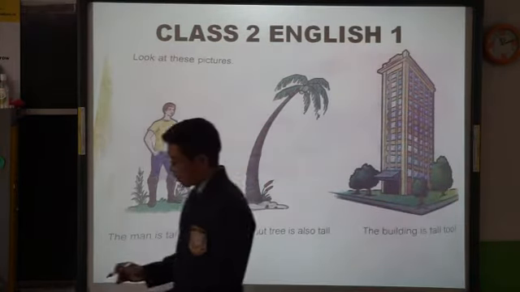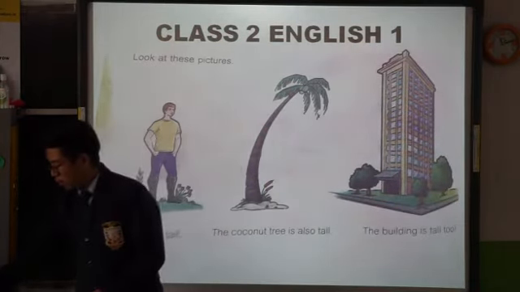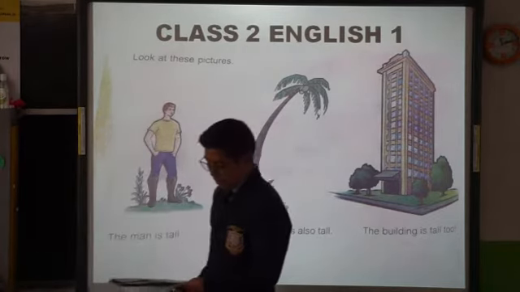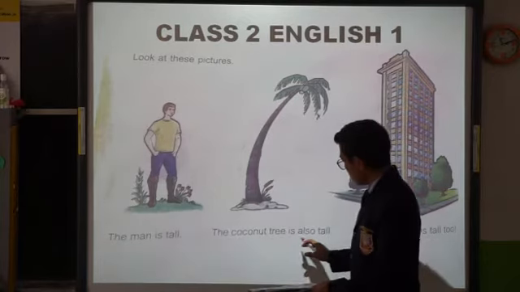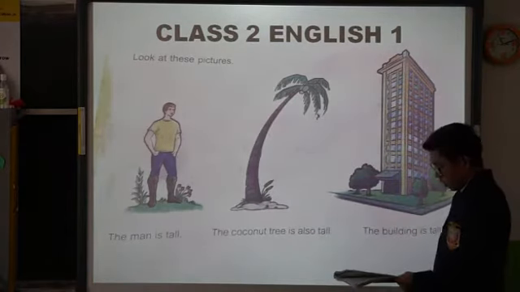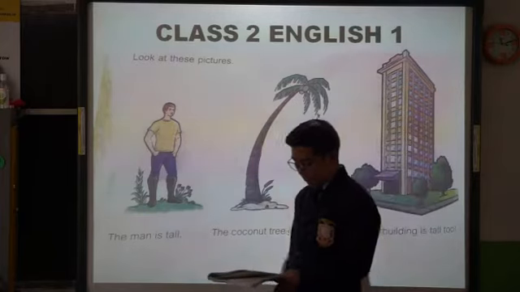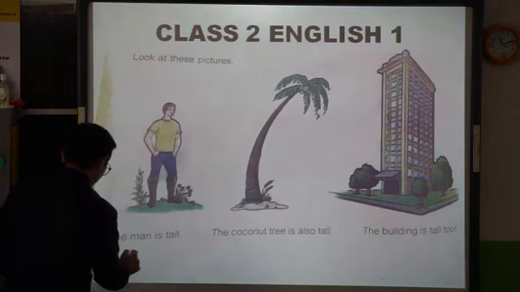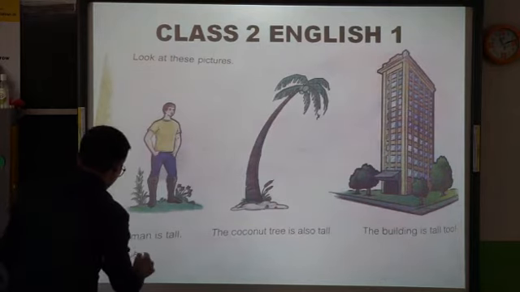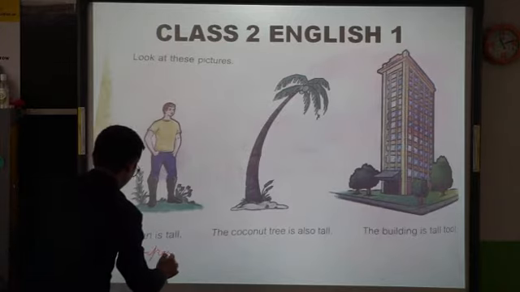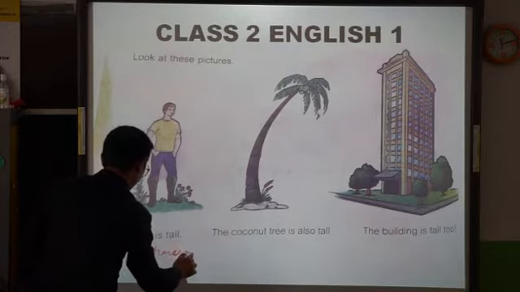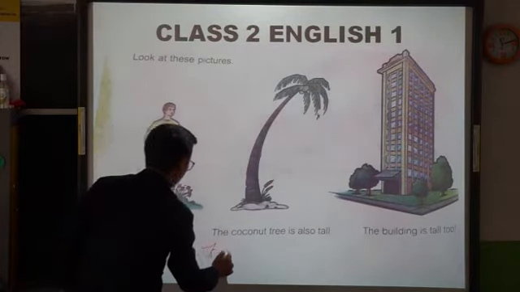So what we do is, the man is tall, the coconut tree is also tall, the building is tall too. This shows the comparison of adjectives.